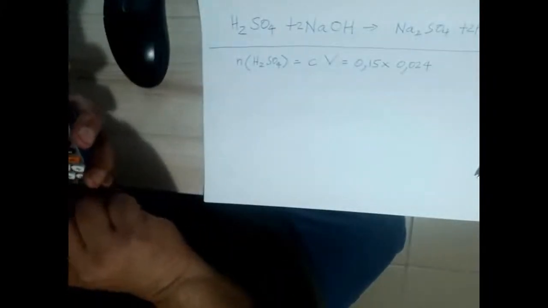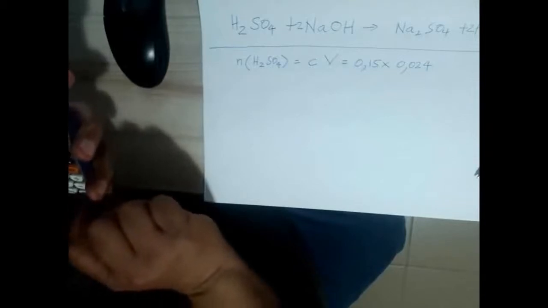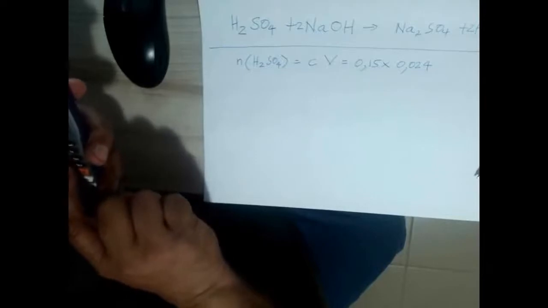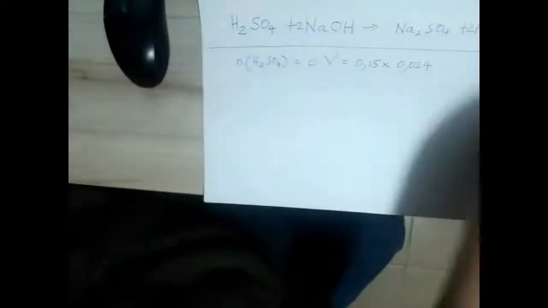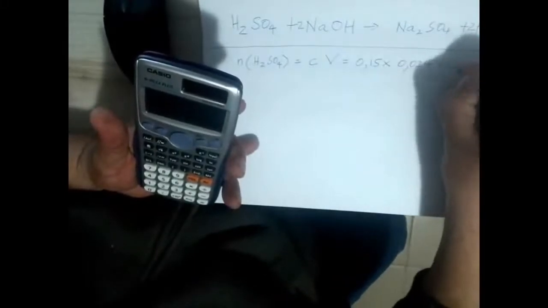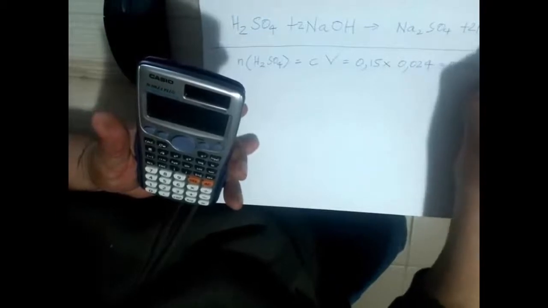And if we plug that into a calculator, we get 0.15 multiplied by 0,024, and we get 0,0036 moles.